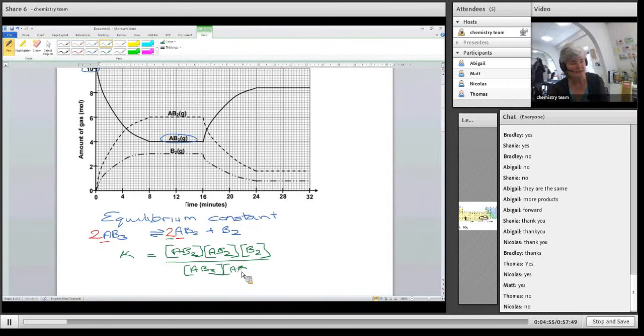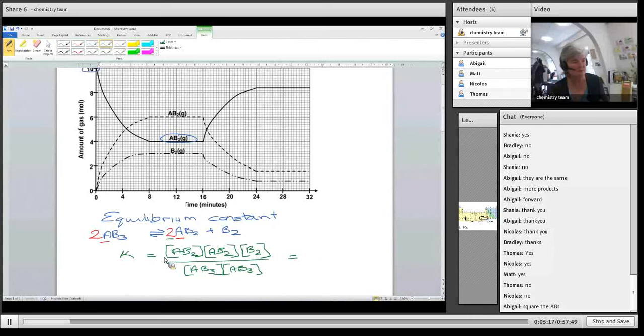Now that gets a bit clunky. How can I simplify that? Instead of writing that all out, how can I make that a bit easier? So see Abigail's typing, so hi Abigail. You square all the AB2s and the AB3s.